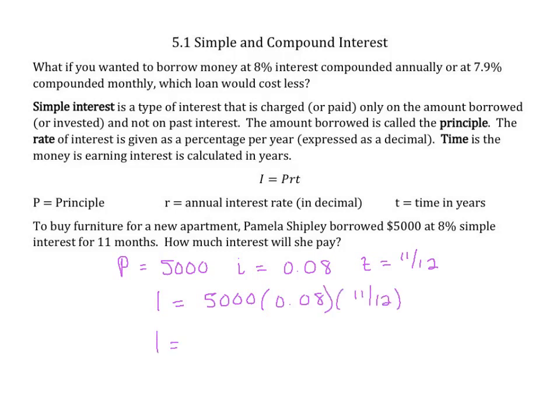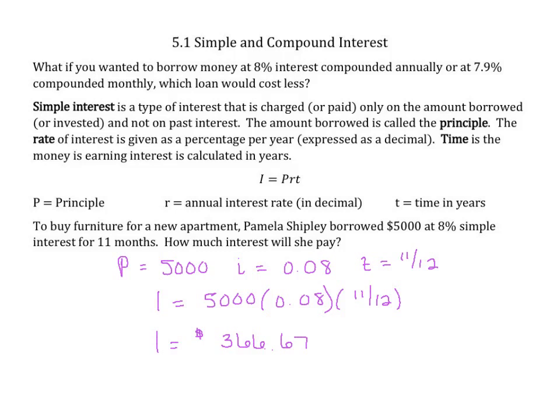So using your calculator, you can take 11 and divide it by 12, multiply that by 0.08 and multiply that by 5,000, and you should get $366.67 when rounded.